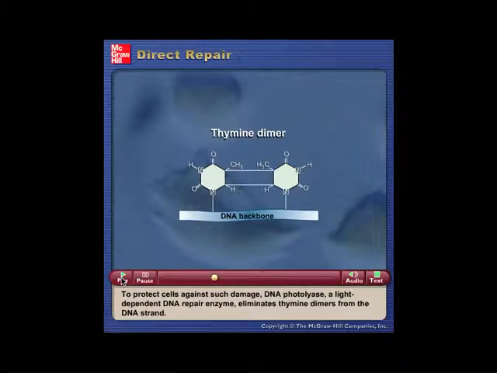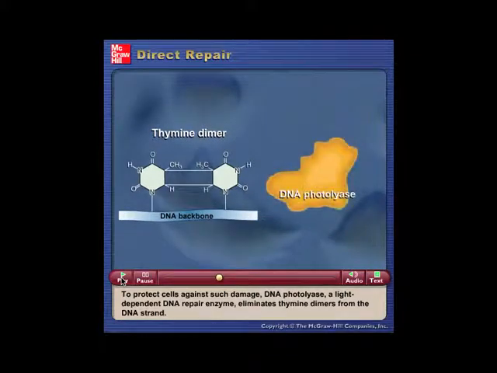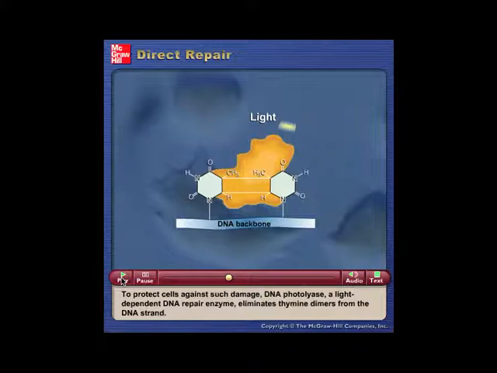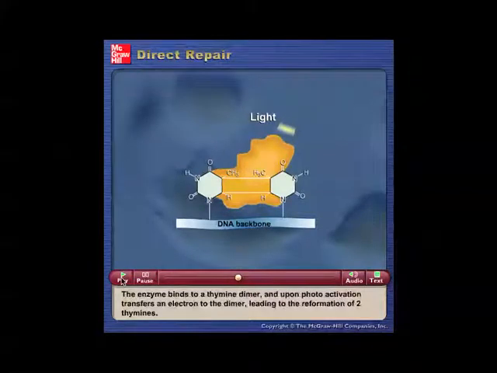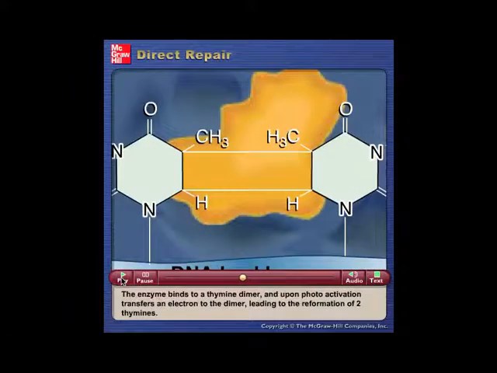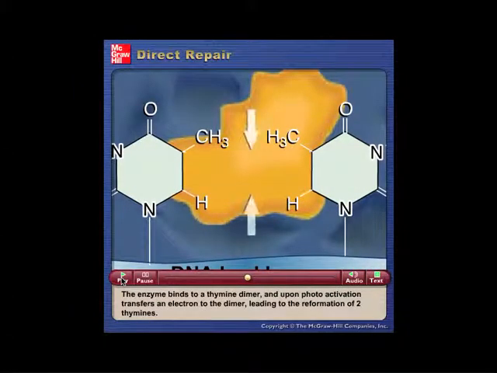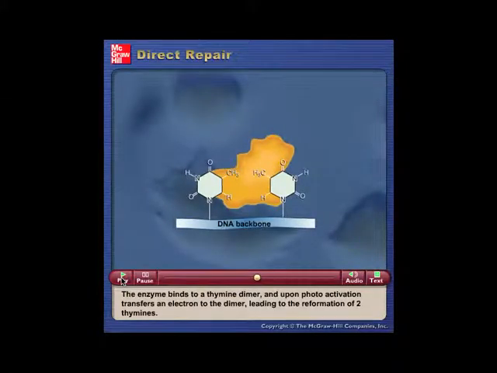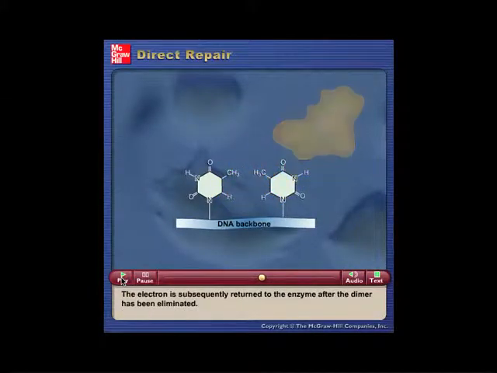To protect cells against such damage, DNA photolyase, a light-dependent DNA repair enzyme, eliminates thymine dimers from the DNA strand. The enzyme binds to a thymine dimer, and upon photoactivation, transfers an electron to the dimer, leading to the reformation of two thymines. The electron is subsequently returned to the enzyme after the dimer has been eliminated.